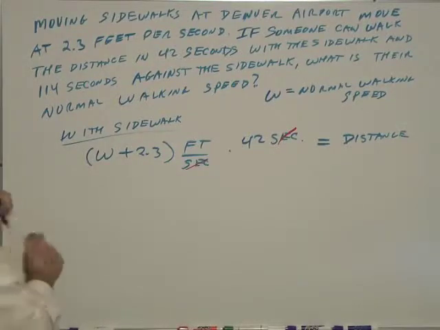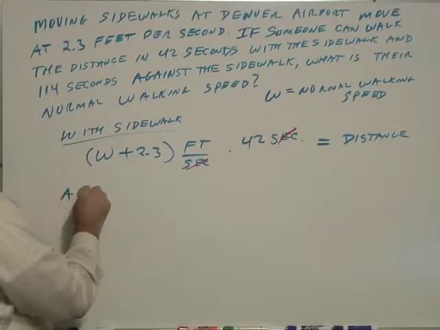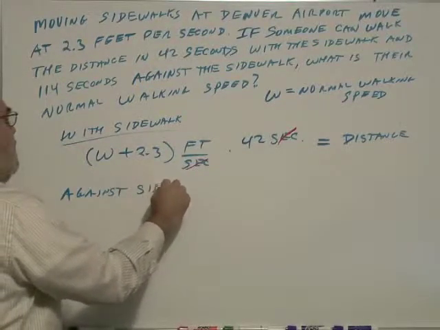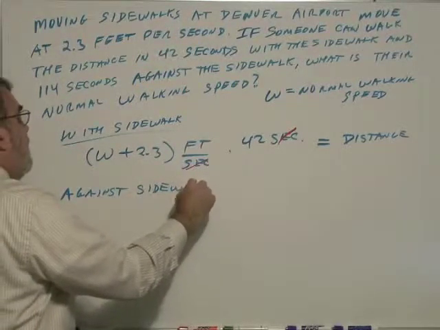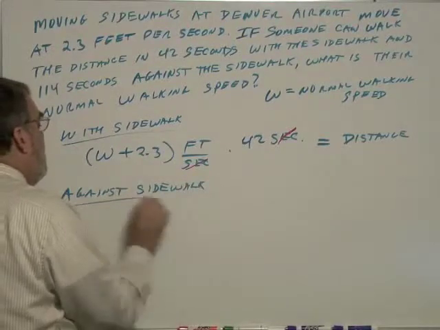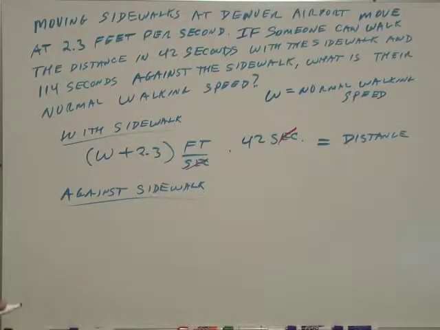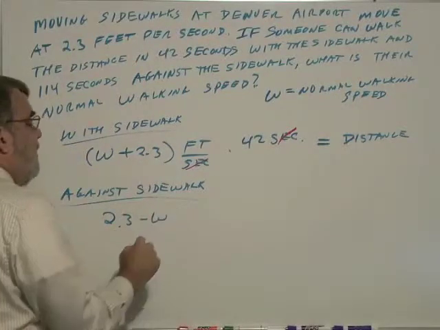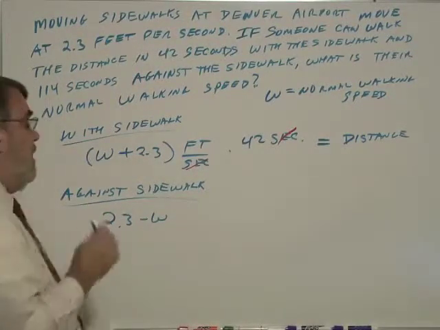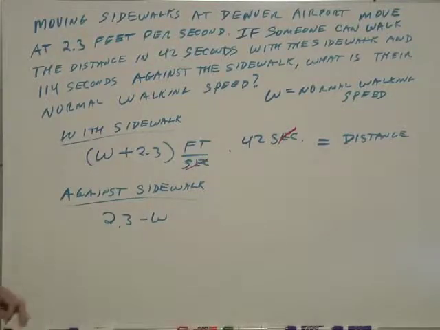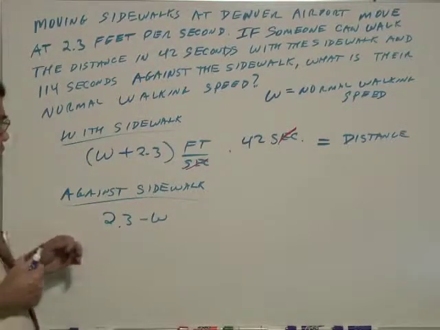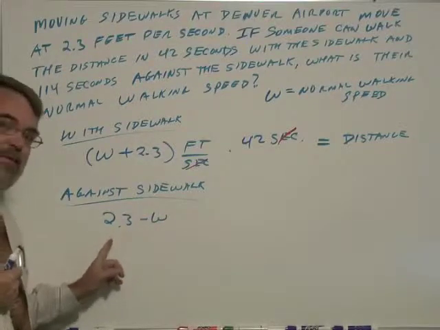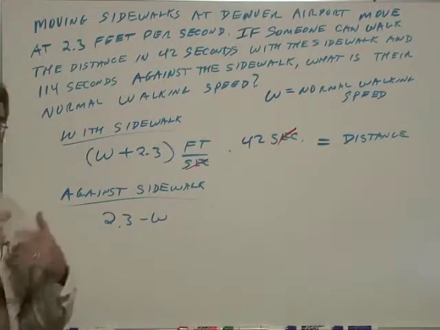And against the sidewalk, what happens to the walking speed? Well, if you write 2.3 minus W feet per second, you're wrong, aren't you? Because, think about this. You're not subtracting your walking speed from the sidewalk speed, it's the other way around.